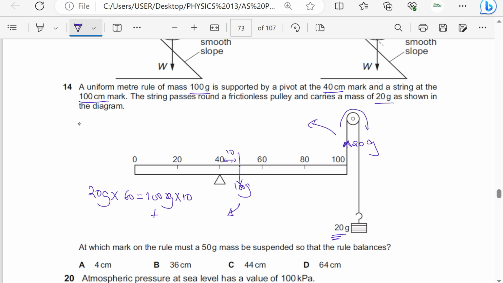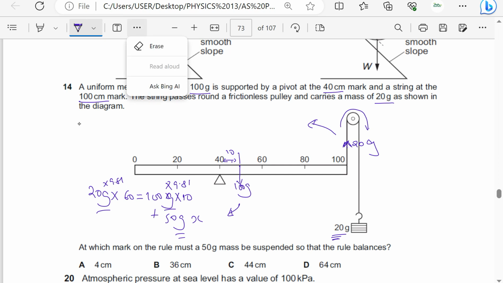We need another force which causes a clockwise moment, so it will be 50 times G times X. This G is standing for grams, not gravity. I didn't bother adding times 9.81, but later it is supposed to be times 9.81. Of course I know it cancels out, and you have to change these to kilograms.